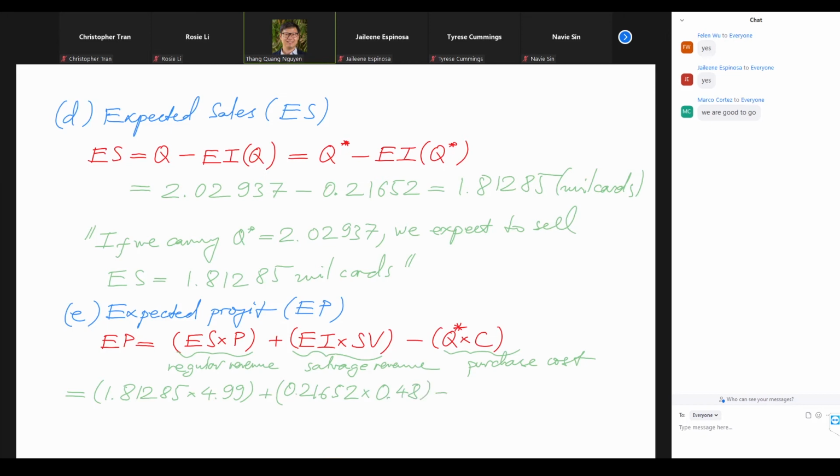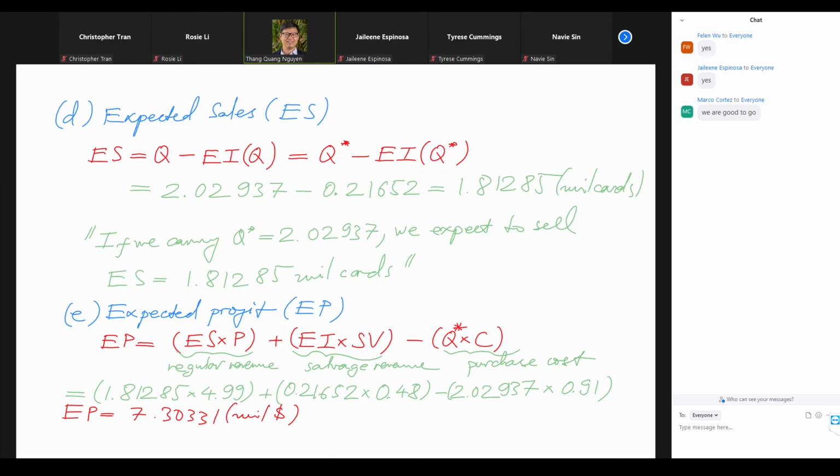And then minus the 2.02937, that's how many units we try to carry, multiplied by the cost per unit. So at the end, our expected profit is $7.30331 million dollars.